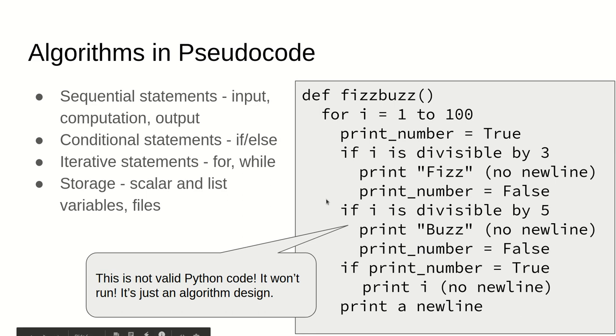Likewise, there's a statement, if i is divisible by 5. Well, again, you're going to have to, as the programmer, figure out how you can check if a number is divisible by 5 in the language that you're working in. Many times you'll see other things like create an empty list or add something to the list.